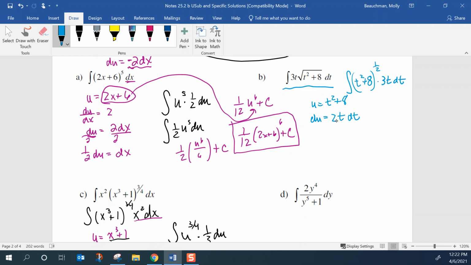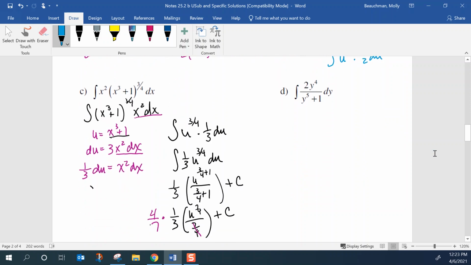So you have to multiply both sides by 3 halves. So I have 3 halves du is equal to 3t dt. And now when you do your u substitution, you'll have the integral of u to the 1/2 times 3 halves du, and then go from there. That was a little trickier.